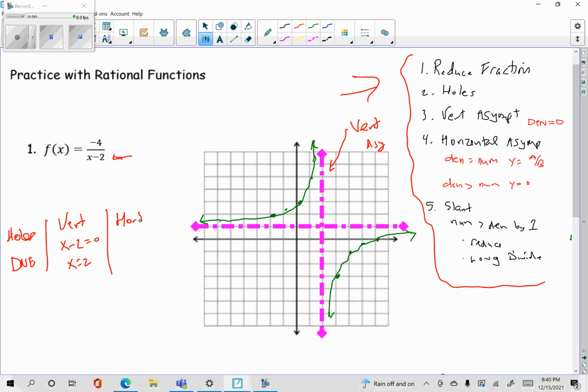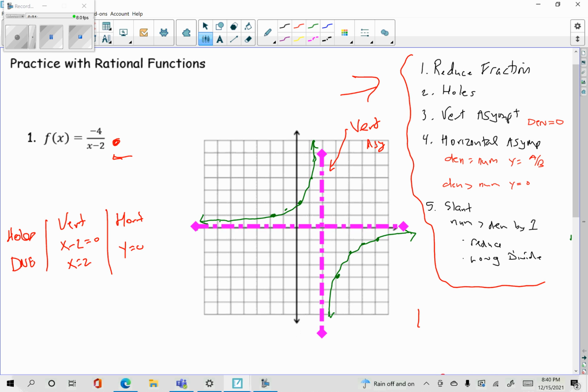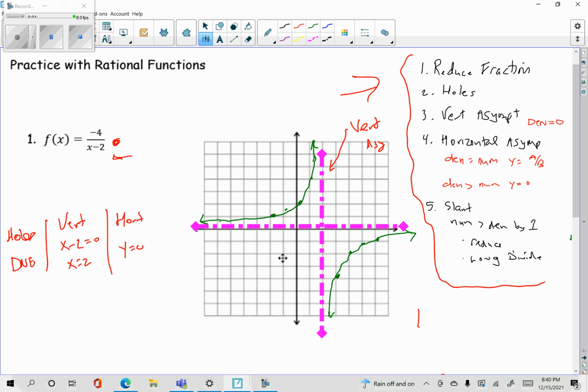Horizontal, right? If the powers are the same... but there's no power in the top, 1 in the bottom, they're not the same. If the higher degree is in the denominator, which it is, then it's just y equals 0, which is right. Sorry about that.